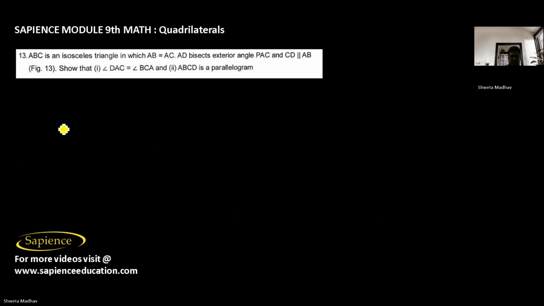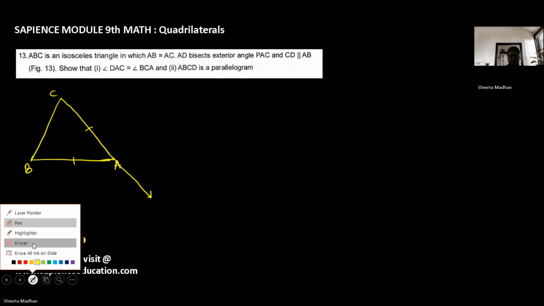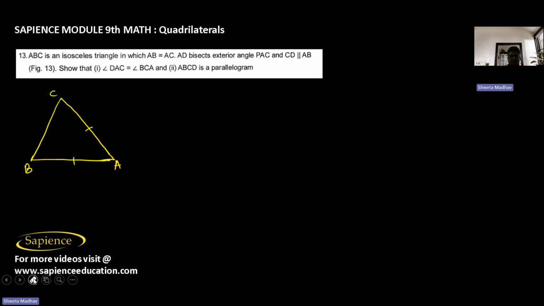Because this is ABC and AB equals AC, and AD bisects the exterior angle PAC. The exterior angle will be formed like this. It's PAC, AD bisects it, and CD is parallel to AB.